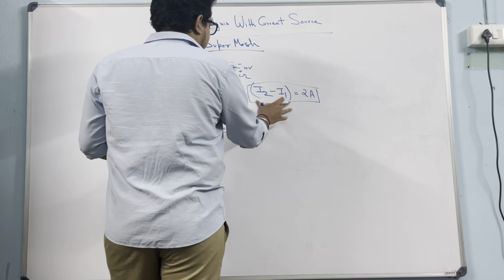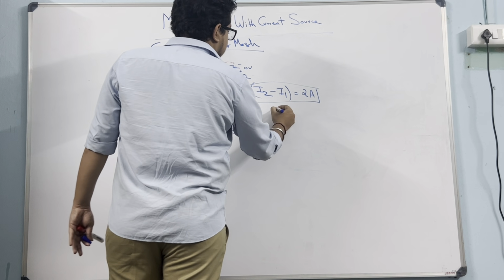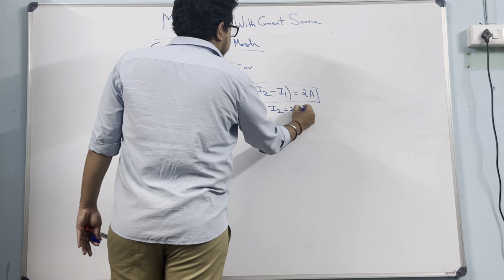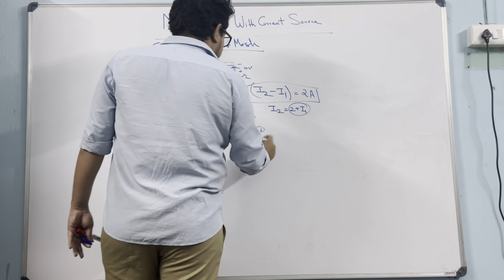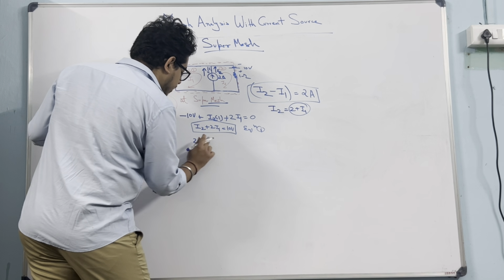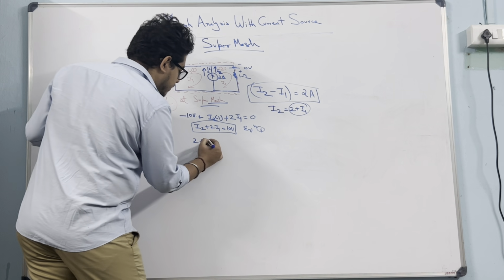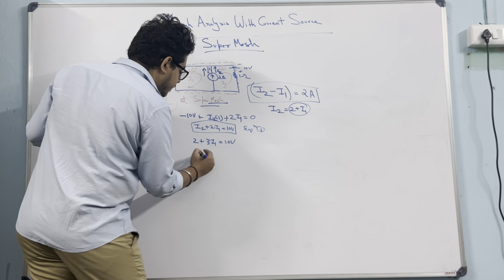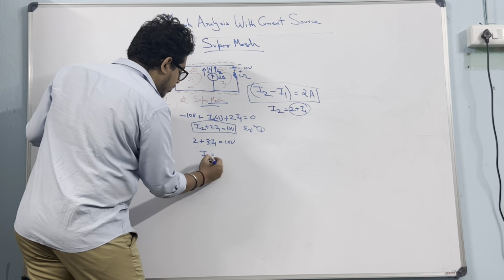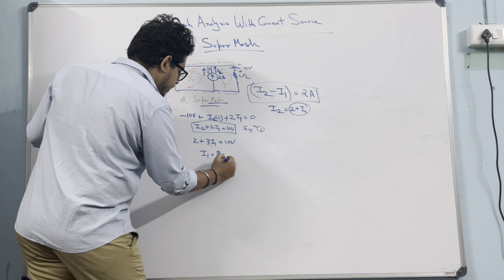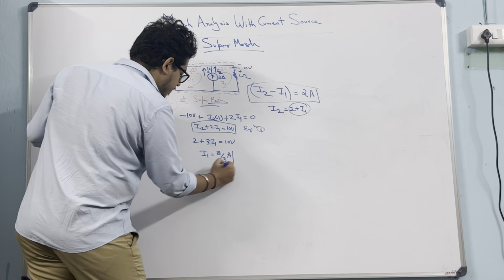So anyway, I have two equations. So I2 from here is equal to 2 plus I1. Substituting 2 plus I1 here, it will be 2 plus 3 I1 equal to 10 volts. So I1 equals 8 by 3 amperes.